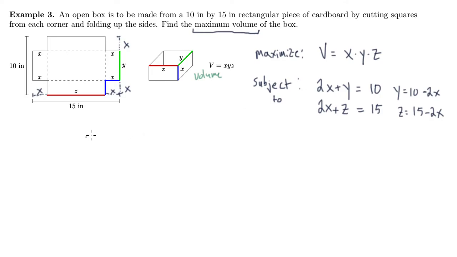So in other words, my volume, just as a function of x, is of course x times y, which is 10 minus 2x, times z, which is 15 minus 2x.